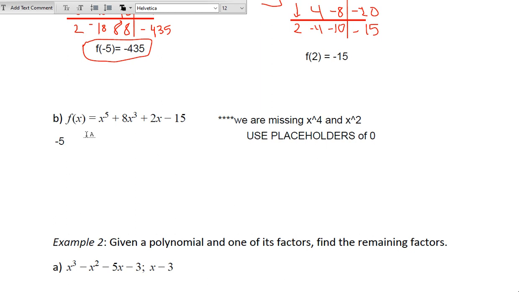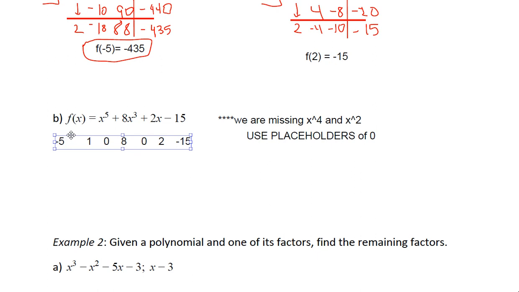I'm going to put in my coefficients. I have 1, and then I have 0, and then I have 8 for x cubed, but 0 for x squared, 2 for the regular x, and negative 15.